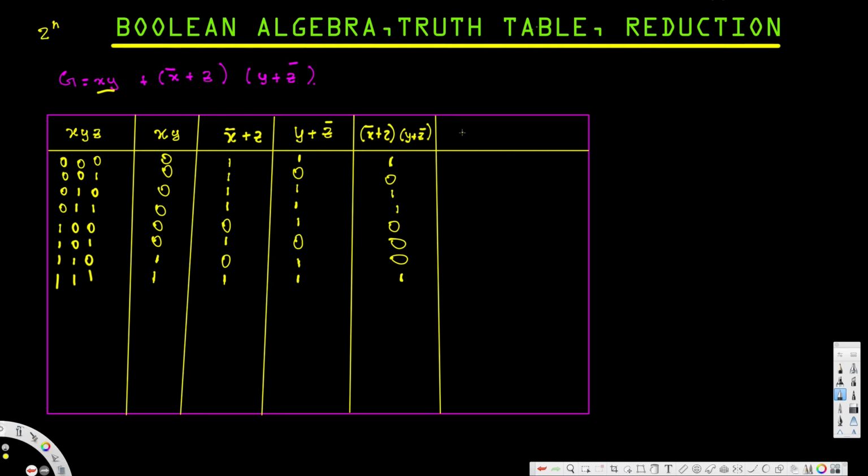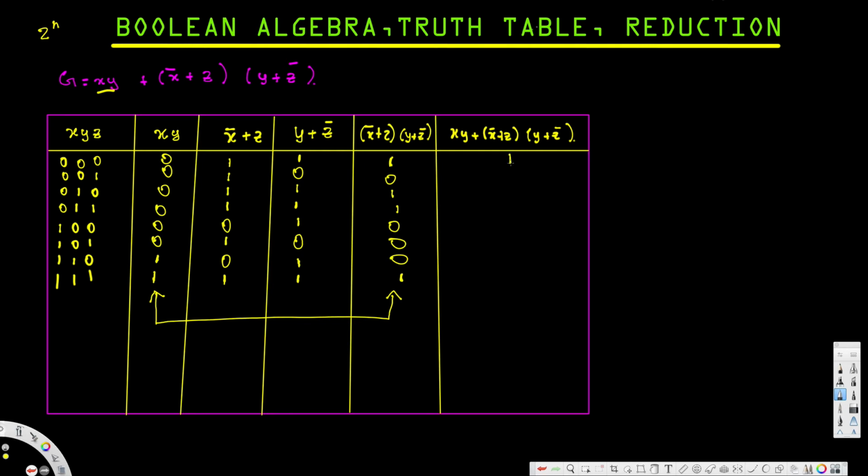Now the last one is we have to see what we will get for XY plus (X bar plus Z)(Y plus Z bar). Okay, so we found out this, and now we have to OR with this one. If we OR these two together, and if one of them is 1, we are going to get 1.